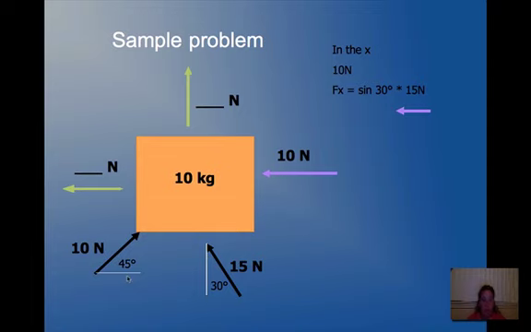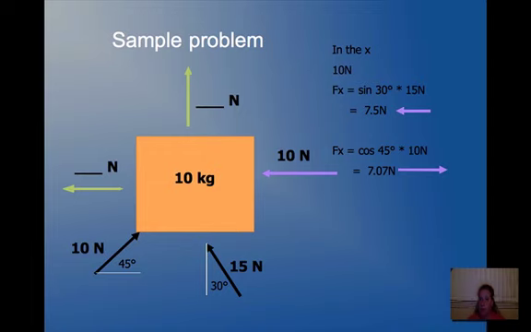And there's an X component of the 10 newtons. Of course, this one is going to the right. So we have a 7.5 to the left, and we have this X component of the 10 Newton force over here, which would be sine of 45, or excuse me, cosine of 45 degrees, because a different angle is given, times 10 newtons, which equals 7.07 newtons.